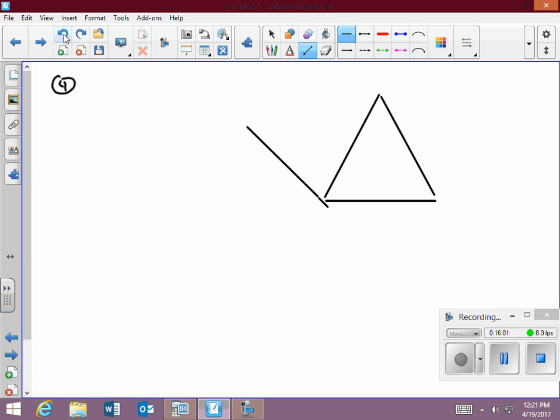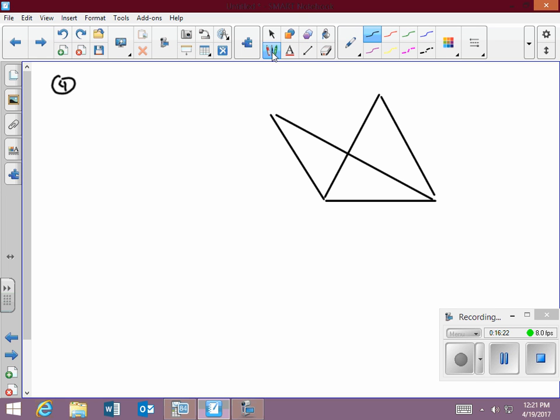Okay, this is A, B, C, D, and E. Now it says in the figure, triangles ADE and ABE are isosceles.